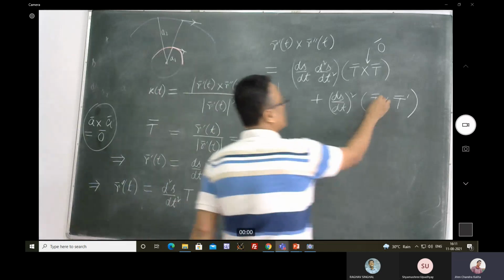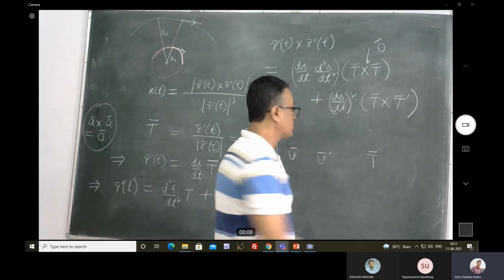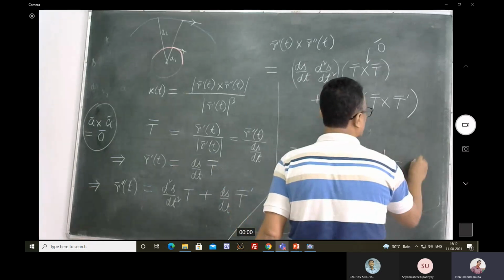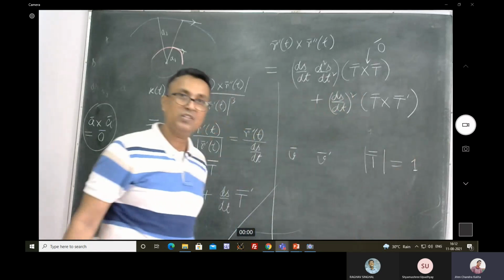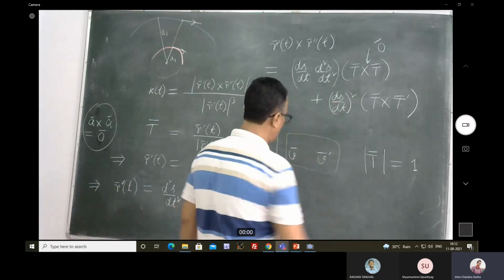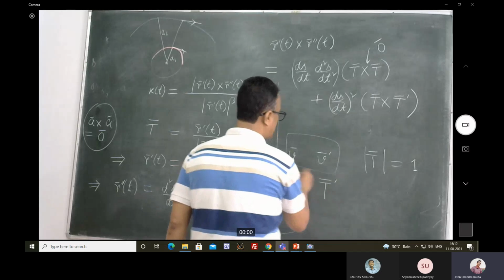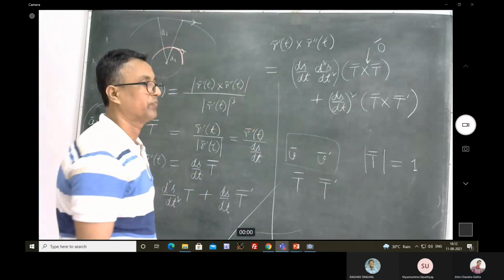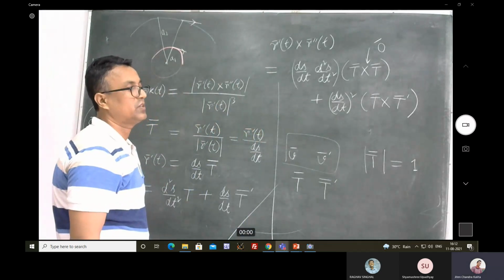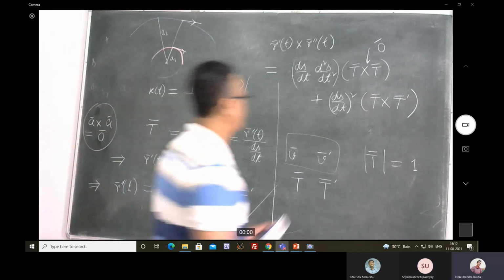So now we have found out that T is a unit tangent vector, so it is a vector of constant length 1. From there, if I follow the same logic, we will find that T and T prime are orthogonal. Is it okay? Fine? Yes.